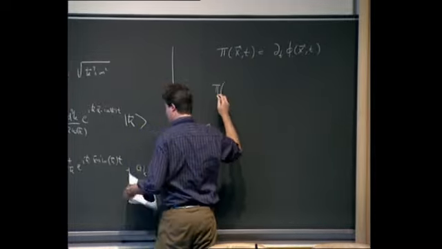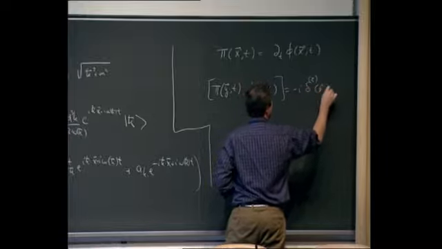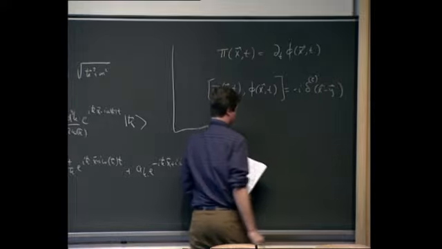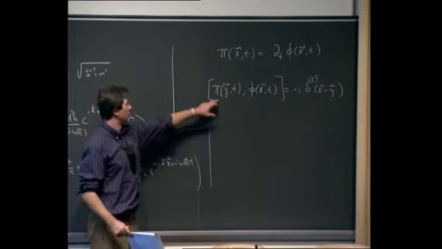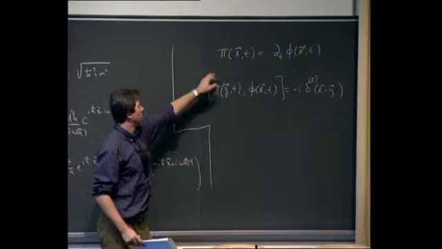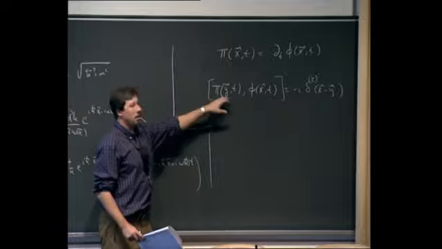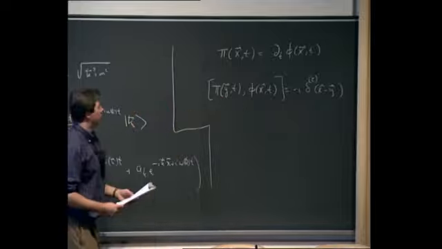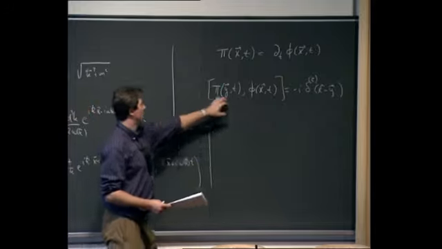It's just minus i times the delta function of x minus y. And this is often called the canonically conjugate field of phi. So these operators are like, say, the momentum and coordinates in quantum mechanics, but now in field theory.